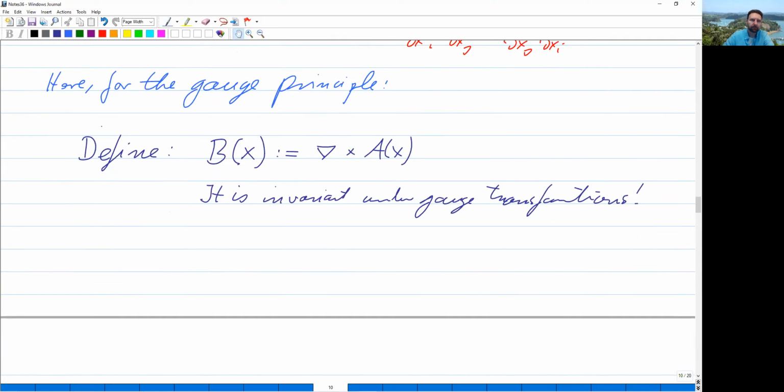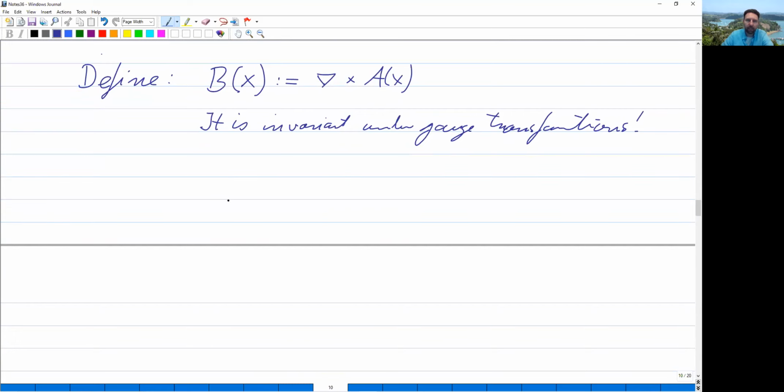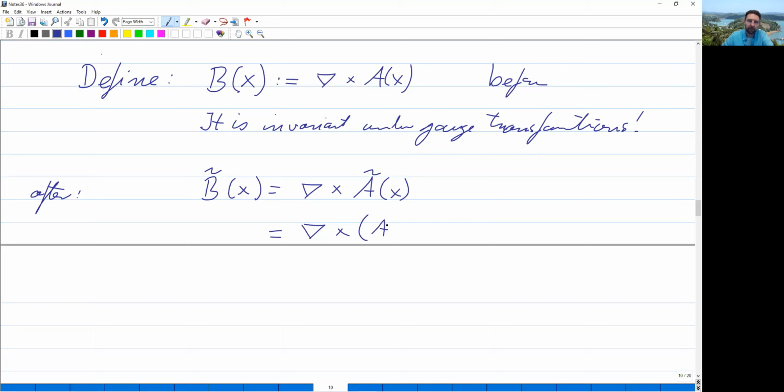How do we see this? Well, let's see. We have that under gauge transformation, we obtain a B tilde, so this is before, and now we do the after. After gauge transformation, we have B tilde of x is equal to the curl of the A field after the gauge transformation, right? But what is that? This is the curl of the A field as it was before minus h bar, the gradient of lambda of x, because that's how the gauge transformation of the A field is defined.